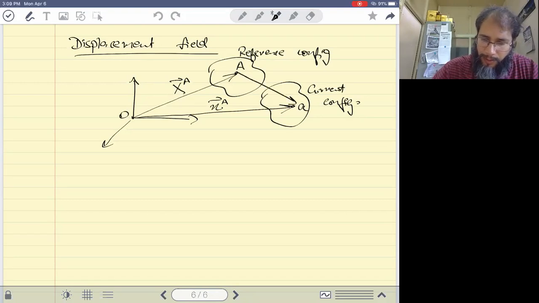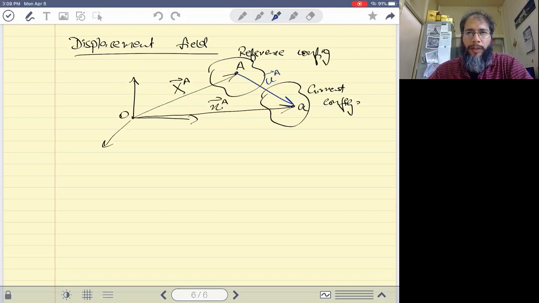This displacement from capital A to small a is called my displacement superscript a. So displacement of the particle A is denoted by u superscript a.